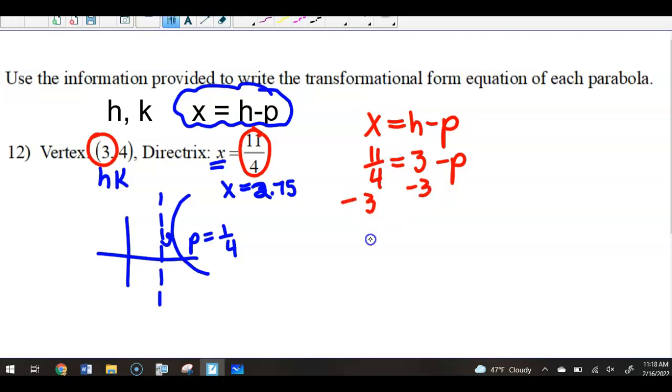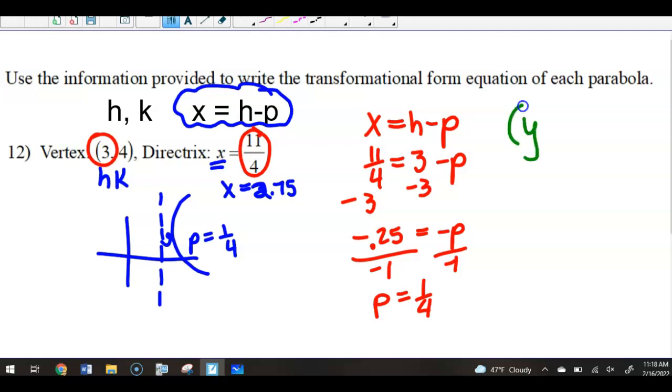This is 2.75 minus 3, is a negative 0.25 equals negative p. So then when you divide by -1, you get p as 1/4. That seemed a lot harder to me to do algebraically than to just figure out the distance between those. But either way, this was a sideways opening parabola, so it was y minus k, which was 4, squared equals 4 times p would just be 1, and then x minus h was 3.